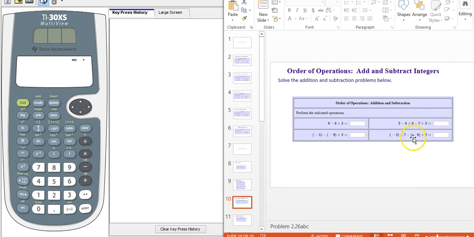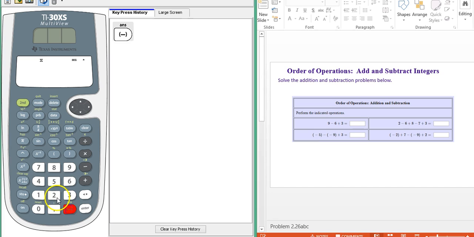Here, if we want to add or subtract a lot of integers, let's start with this one. I've been putting in all the parentheses. The parentheses are nice because they help you distinguish between a negative sign and a subtraction. They look the same in Math AS, but let's do one where we don't use the parentheses. If it's just around a single number, you actually don't need it. It just looks nicer.